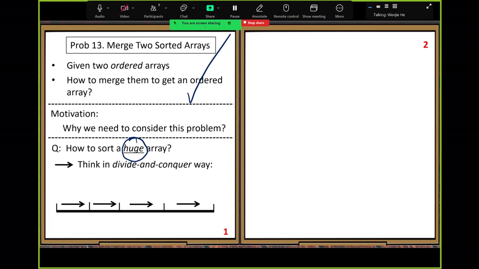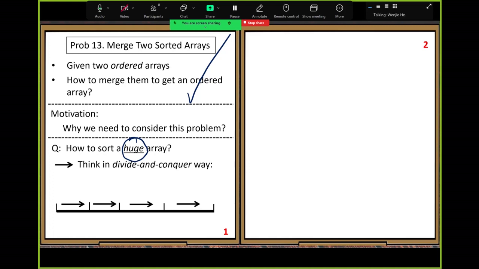Although this won't happen frequently, it could happen, especially when you process a large amount of data. So now we need to merge any two ordered arrays.